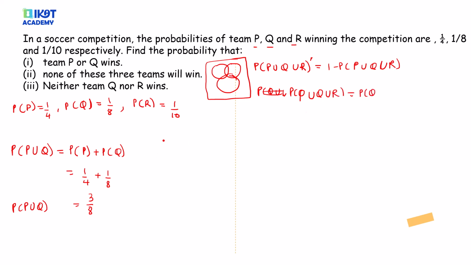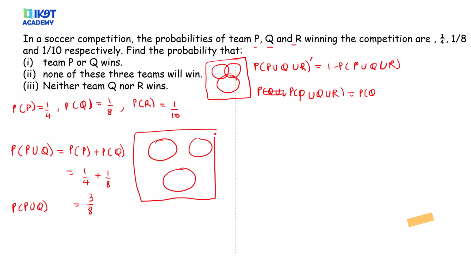So if we were to draw the diagram, it's something like this: P, Q, R. So the probability of P plus Q plus R is 1 out of 8 plus a quarter plus 1 out of 10, and here I would get 19 out of 40.